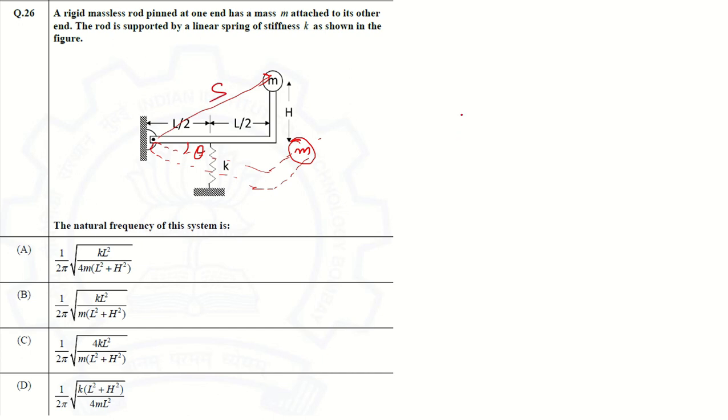So distance s, we can find, is equal to under root h square plus the total length, which is l by 2 plus l by 2, that is l. So I have under root h square plus l square. I theta double dot is equal to minus k l by 2 theta into l by 2.